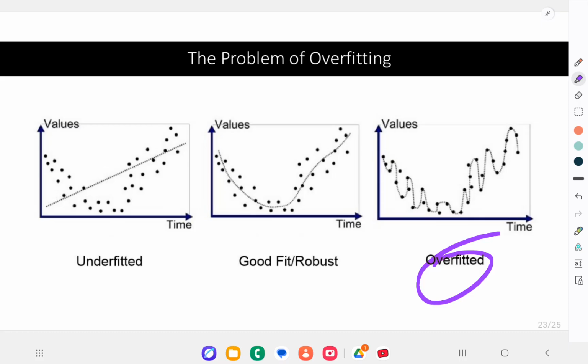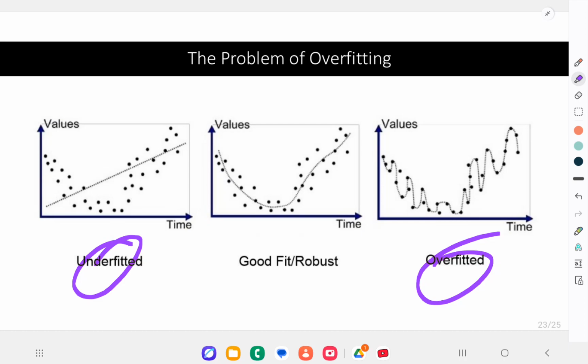On the other hand, underfitting happens when the model is too simple to capture the underlying structure of the data. It might be missing important patterns, leading to poor accuracy on both the training and the testing set. Think of it as using a straight line to model a curved trend.